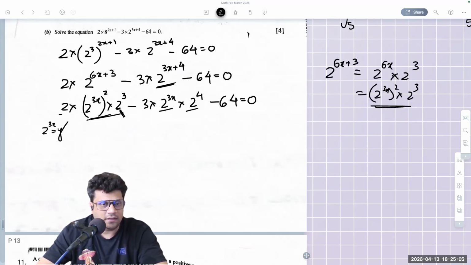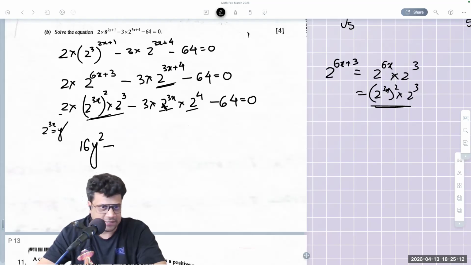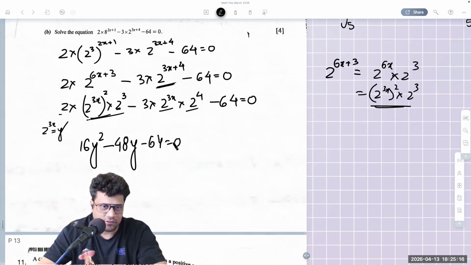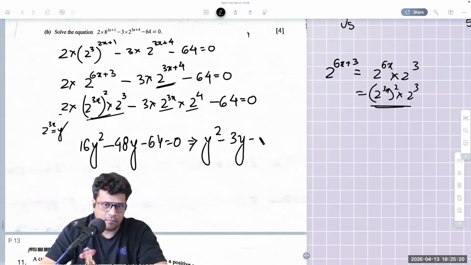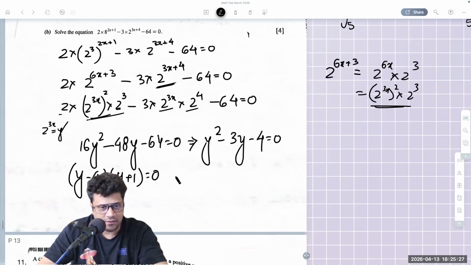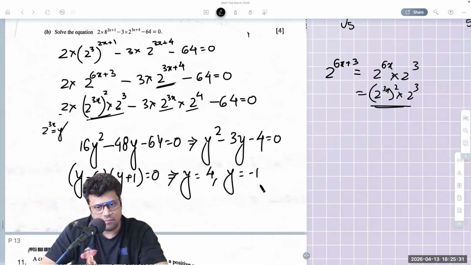Now you're looking at 8 into 2, 16 y square minus 2 to the power of 4, that's 16, 48y minus 64 is 0. Divide both the sides by 16. And you are looking at (y minus 4) into (y plus 1) is 0. So y is 4 and y is minus 1.